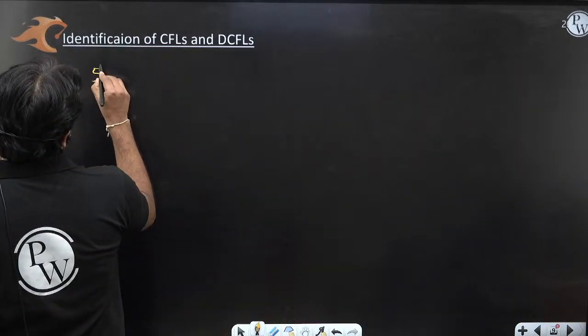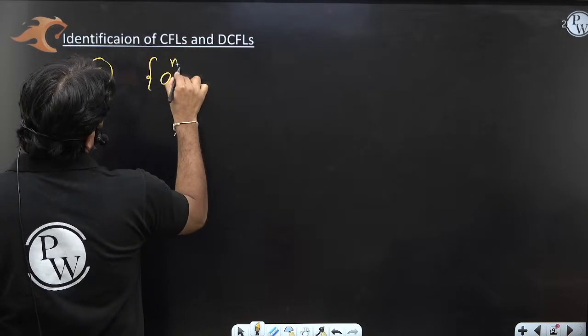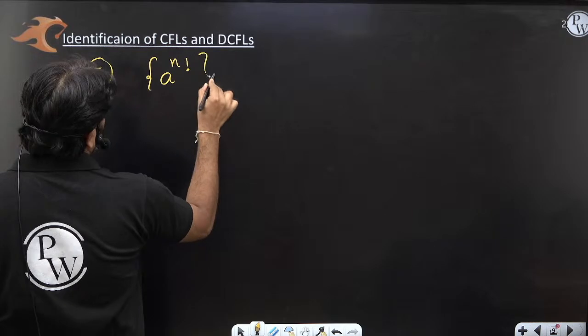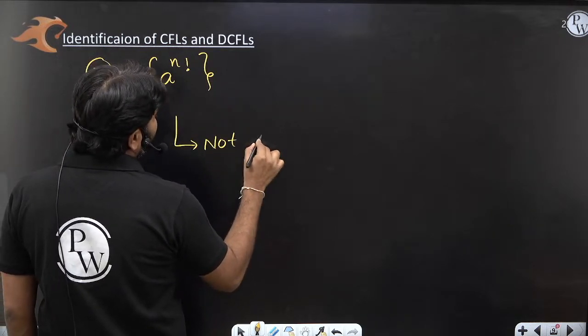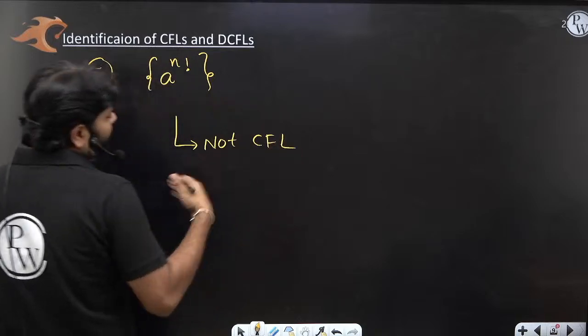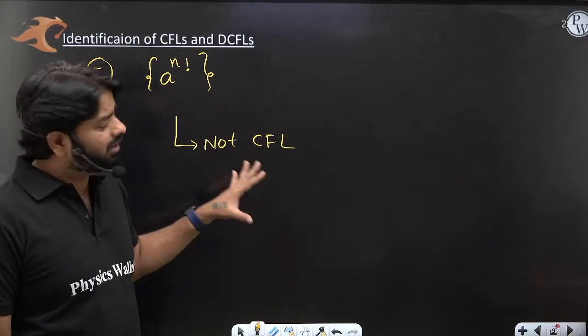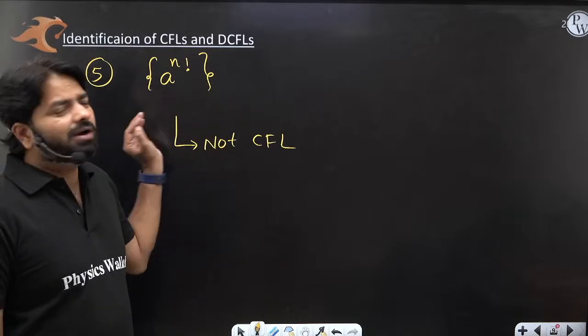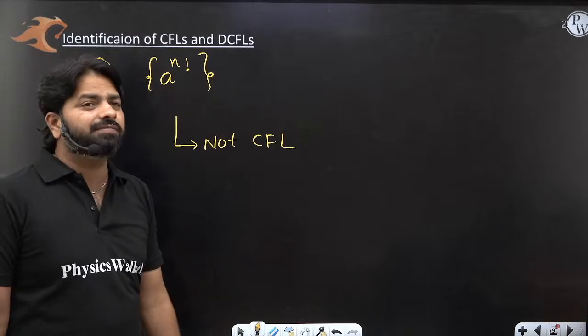Okay, the fifth one. Any language over one symbol, especially like a^(n!), is not regular, so directly you can say it is not CFL. So indirectly I have answered: it is not CFL, not DCFL, not regular. One statement is enough: not CFL. When we say not CFL, it is always not DCFL and not regular.